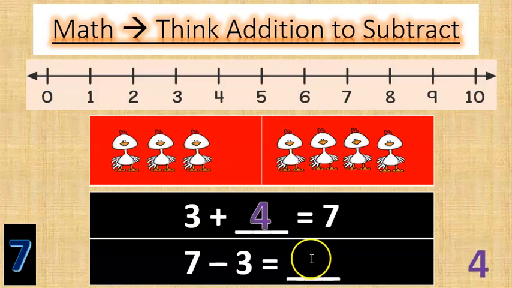Now boys and girls, what number needs to go here? 7 is already up here. 3 is here. What number goes here now? 4. Good job. Remember, we just got to put 4 back in there. And our entire equation is complete.